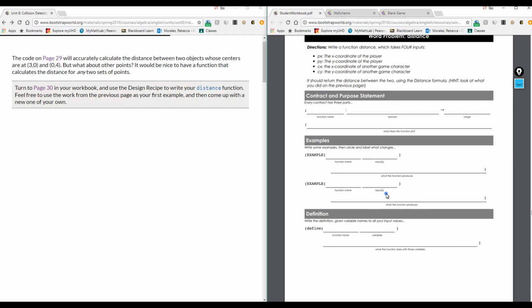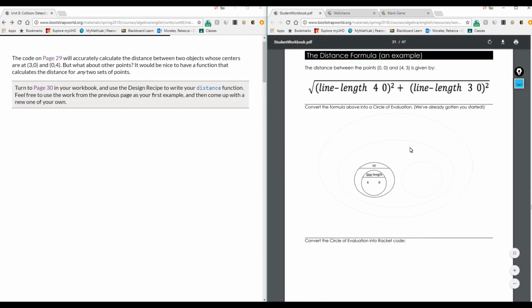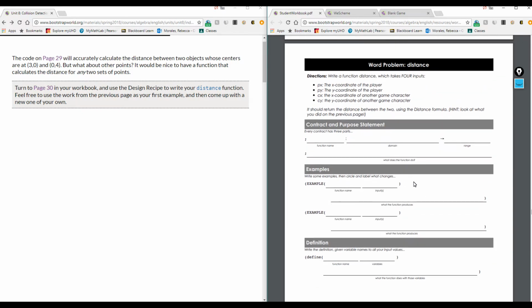And when I talked about this formula here, I called it the distance formula, but it's not actually. This is just an example, or this is just one calculation. A formula is taking in a set of different variables. And if any of you have any experience with the distance formula, you'll remember that there are 4 different variables.